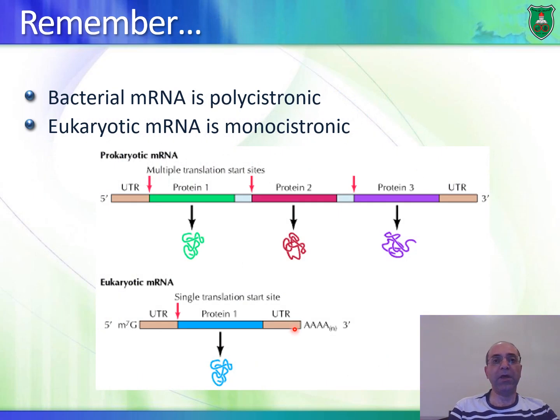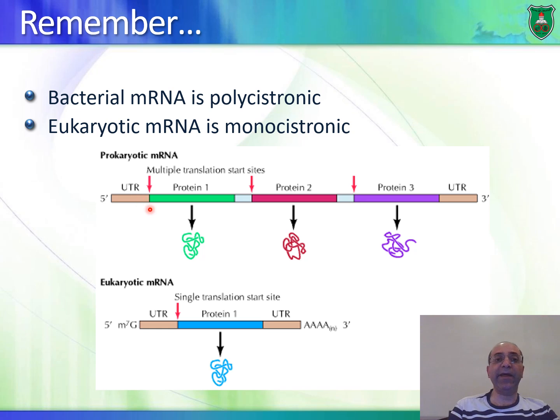Now, remember that some bacterial genes are polycistronic, meaning again that you can produce different polypeptides from different regions of the same messenger RNA. So how do ribosomes know that there is a region right here that needs to be translated, another that needs to be translated as well, and a third one?